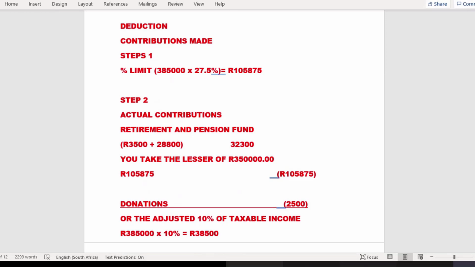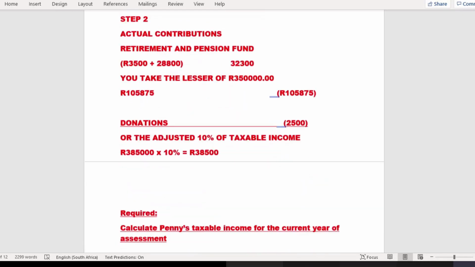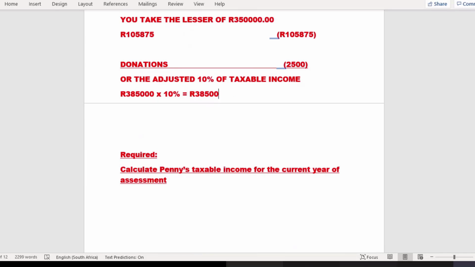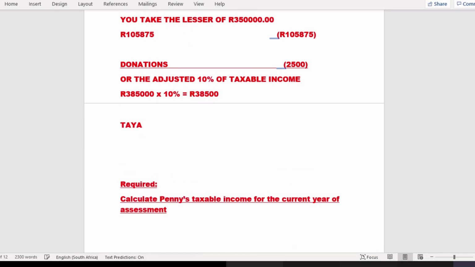Then you minus your 2,500 rand, and then you get what? Your taxable income is 276,625. That's your final answer. Okay, and then you bring it here, and then we say tax payable. Tax payable for income. Okay.